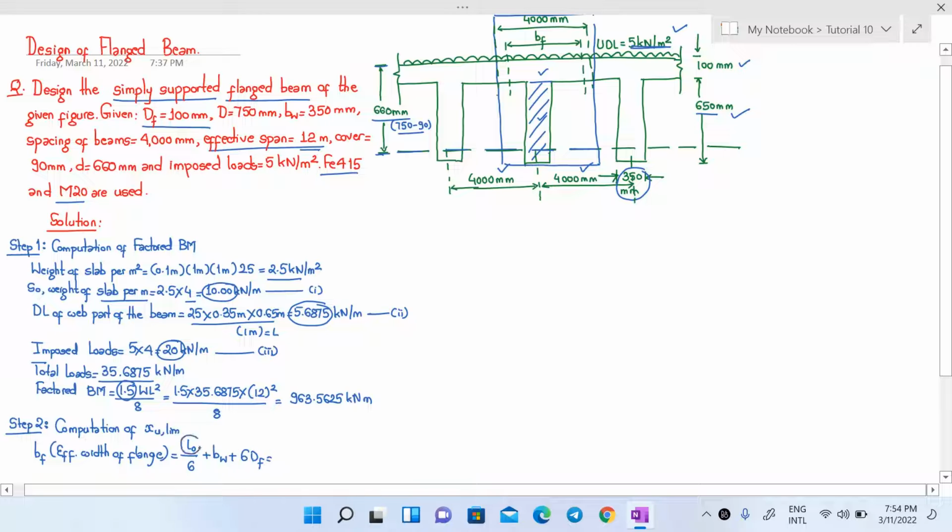L0 means the center to center distance between the points of zero moment, or the center to center distance between the points of contraflexure. And L net is given to us as 12 meter. This is our effective span.